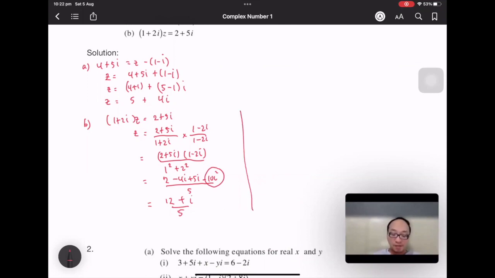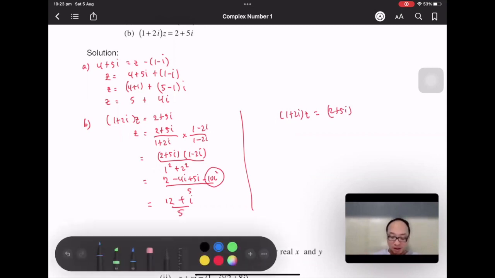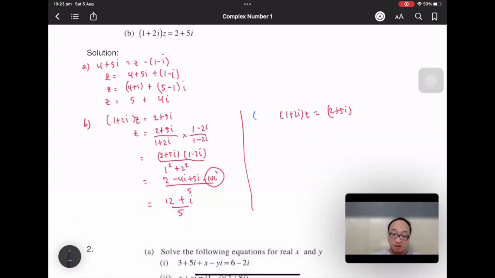Or the other method, I can multiply the complex number in front of z by its conjugate. So I multiply both sides by the conjugate of 1 plus 2i. I can use the relation that z times its conjugate equals a real number.